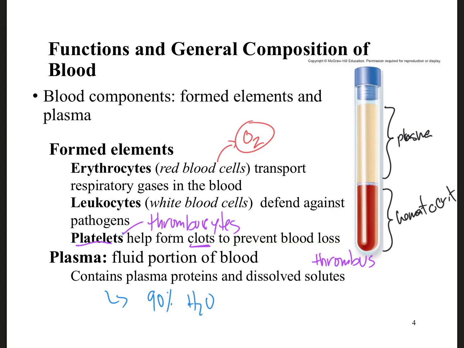And then this little piece right here, that is what we call the buffy coat. That is where all of the white blood cells are found. The plasma represents about 55% of a normal blood volume. The hematocrit is about 44%, and the buffy coat is about 1% of the normal blood volume.